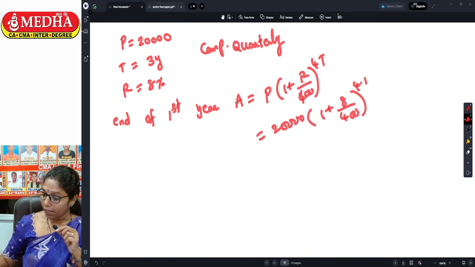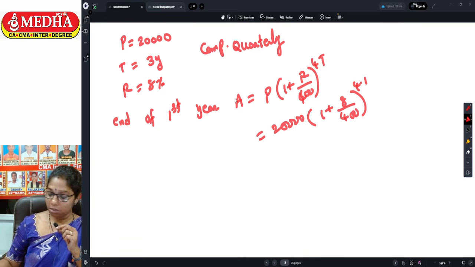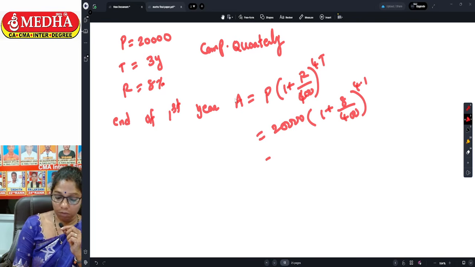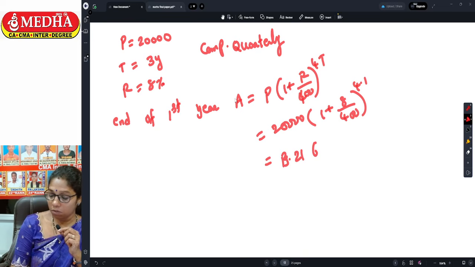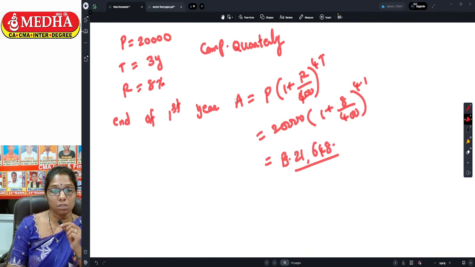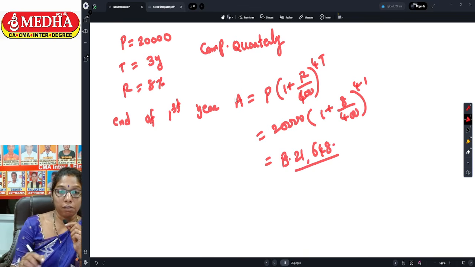So it is 8 divided by 400, that is 1.02 to the power 4 times into 20,000. That is equal to rupees 21,648.6 or approximately 21,648. So this is the end of the first year amount.